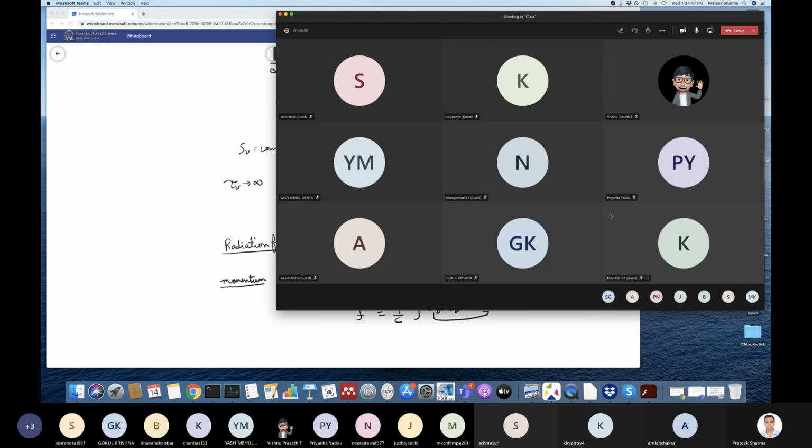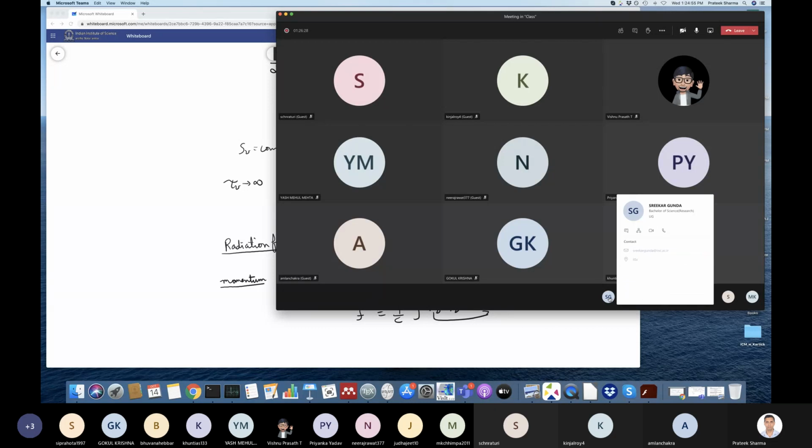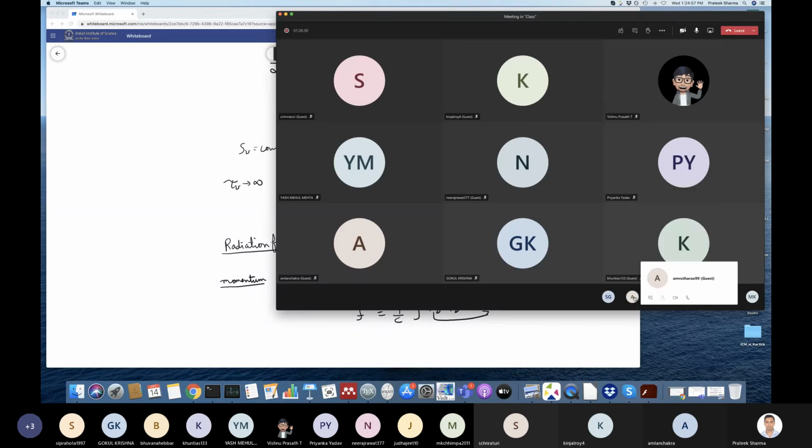Okay, so are the JAP students here? Priyanka is here. Who else among the JAP students are here? Payal is here. Yeah.